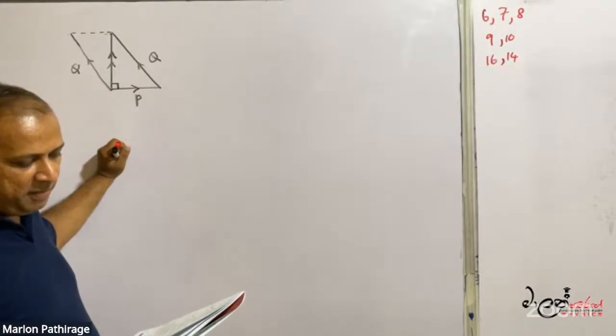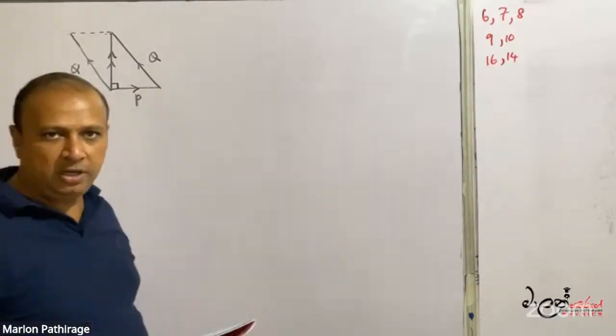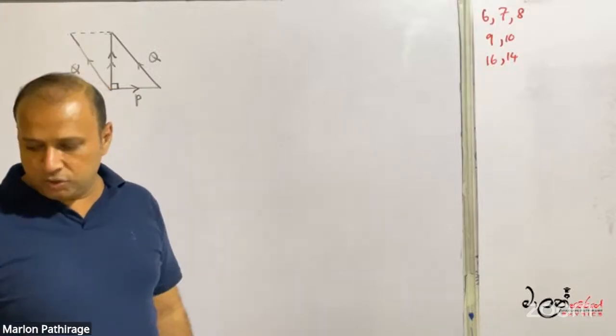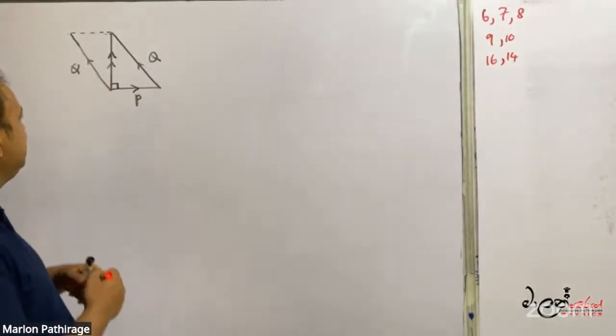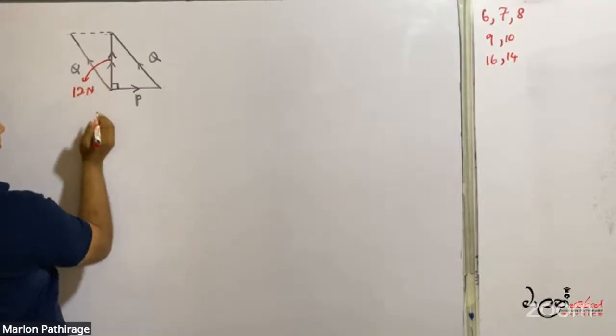The sum of magnitude of two forces is 24. That means P plus Q is 24. And resultant is 12. That means this side is 12 Newton.